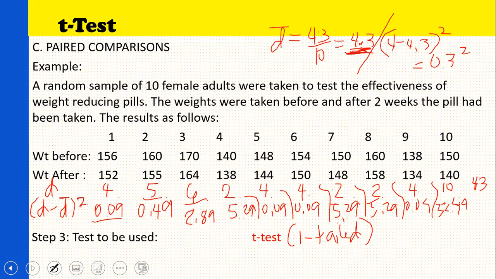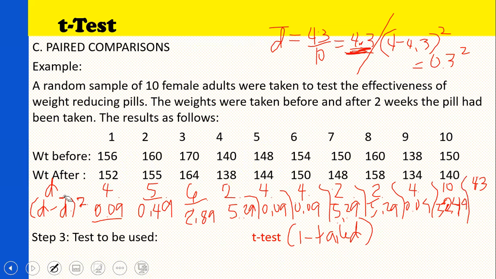So if we add them all together, we add 0.09, 0.49, 2.89, 5.29 plus 0.09, 0.09 plus 5.29 plus 5.29 plus 0.09 plus 32.49.